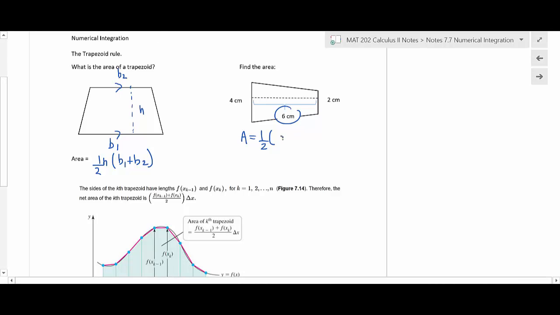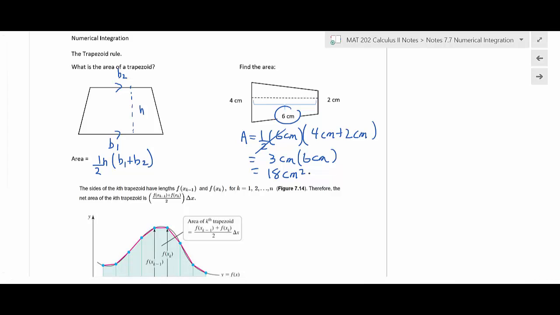Then we sum the bases. It doesn't matter which way you do that, so we just sum those up. That would be 3 centimeters times 6 centimeters, so 18 square centimeters. In order to understand the trapezoid rule, you have to understand that formula for finding the area of a trapezoid.